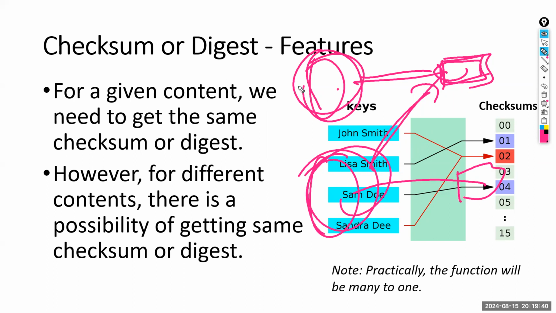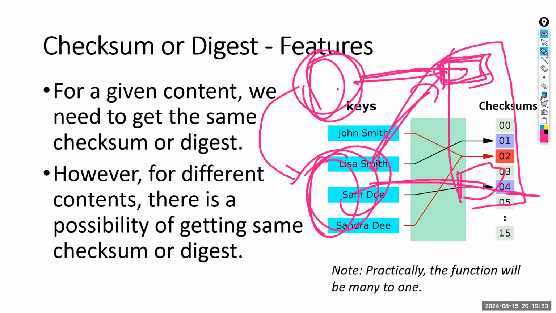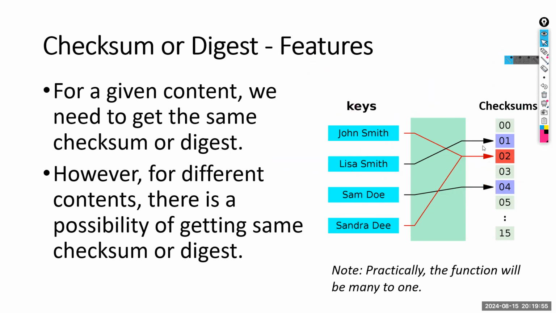But that is not very common. So when someone changes it, if that change is to a very specific thing only, we get the same digest. Otherwise, 99.99% of the time, the moment you do a change, you will get a different digest and it's detected. Now, this explains the problem.